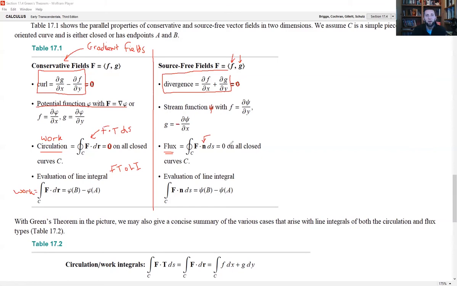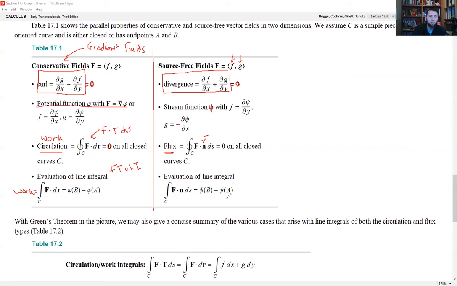With flux, we're looking at the normal component on all closed curves. And to evaluate the line integral, again, the normal component, or the flux, we would use that fundamental theorem of line integrals, and we could evaluate the difference of the psi function from the end to the beginning.